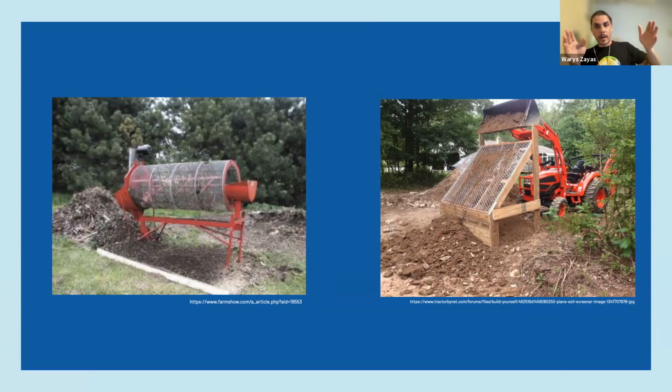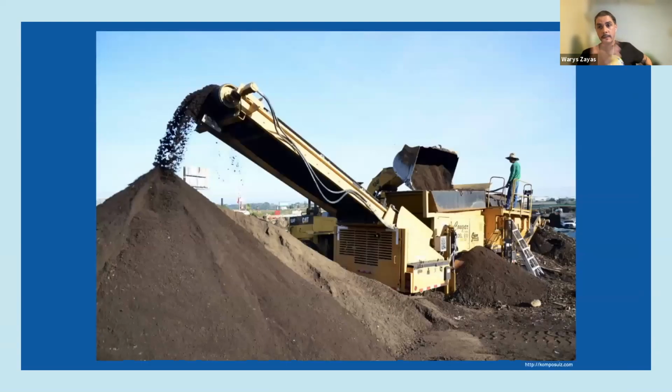From household use to industrial purposes, right? At the right, you can see one that is homemade too, but on a bigger scale. You can make it using metal instead of wood, right? And if you are looking for an industrial one, here is an example.